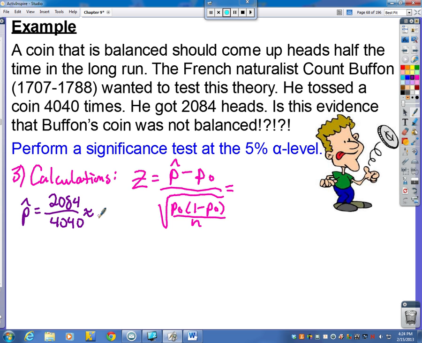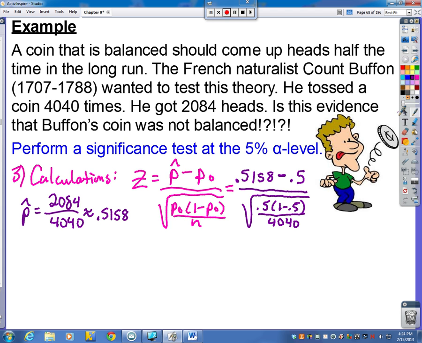Or if you just want to round that value, I would personally round it to 4 significant digits, and I get 0.5158. So that is the value I'm going to put in for p hat. Remember, our p sub naught is our hypothesized value, which is just 0.5, over the square root of, again, 0.5 times 1 minus 0.5, all over 4,040.